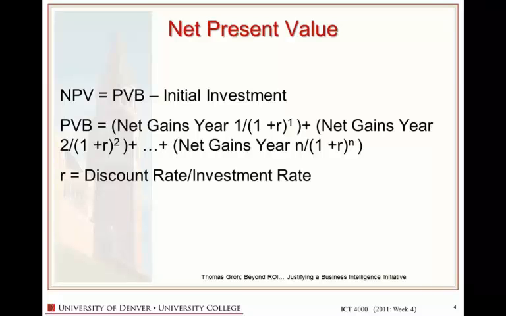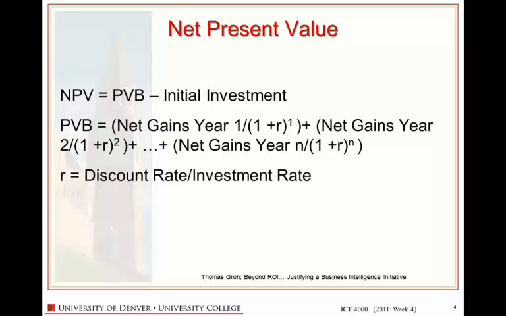The formula for present value of the benefit is the net gain for a given year, year one, divided by 1 plus the discount rate raised to the power of the year, or raised to the first power. Then you add the net gain for year 2 divided by 1 plus the discount rate raised to the second power for the second year, and so on.